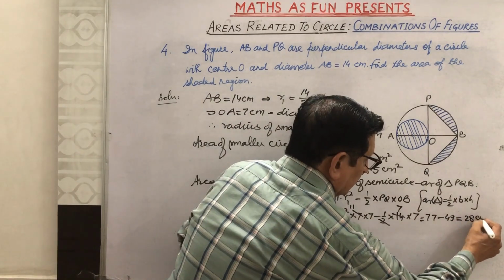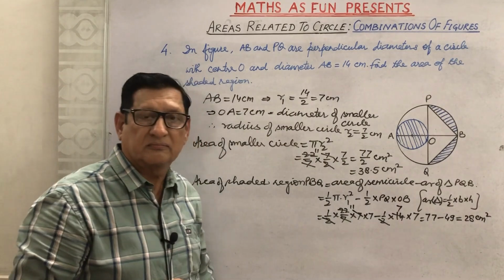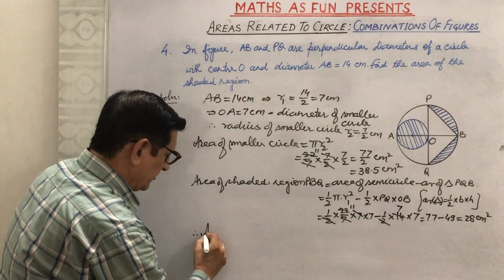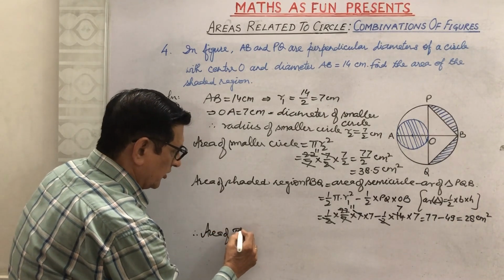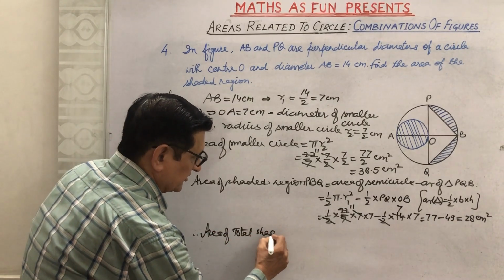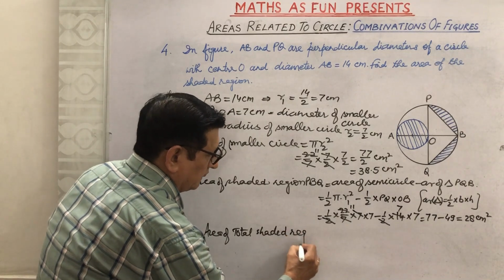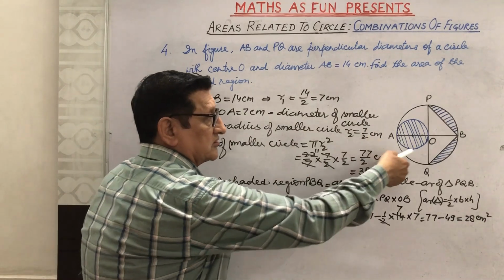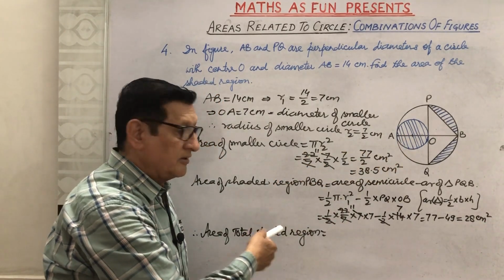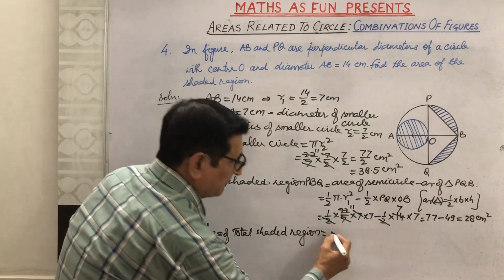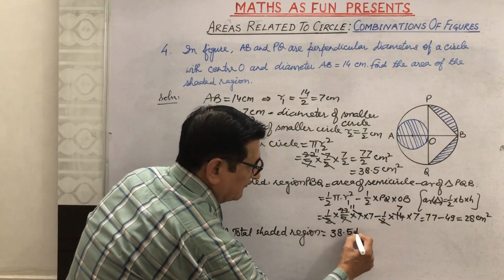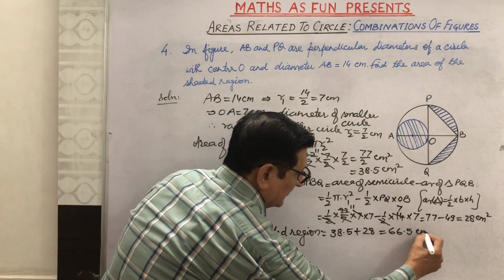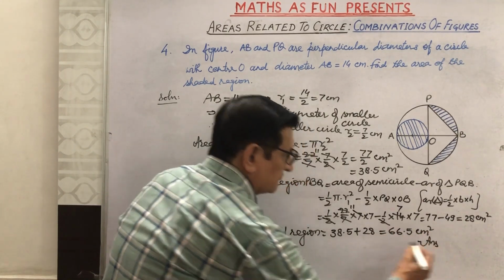So this is 28 centimeters square. So what is the area of the total shaded region? Therefore, the area of total shaded region will be equal to the area of the smaller circle plus this area, that will be 38.5 plus 28, or we can say it is 66.5 centimeters square.